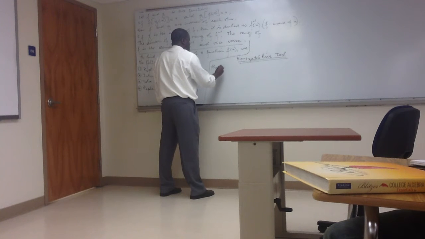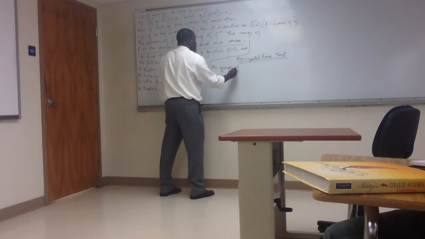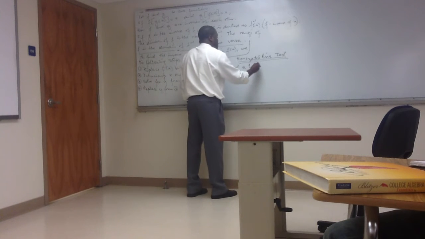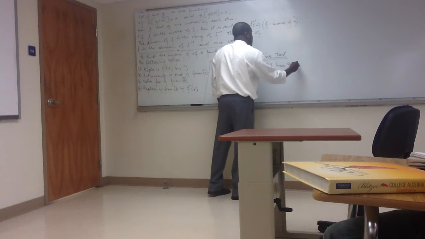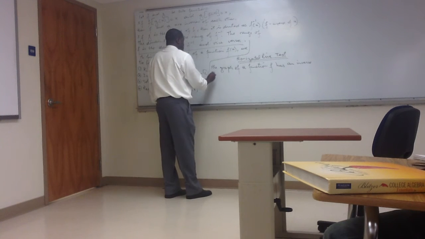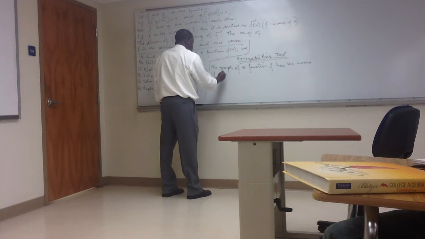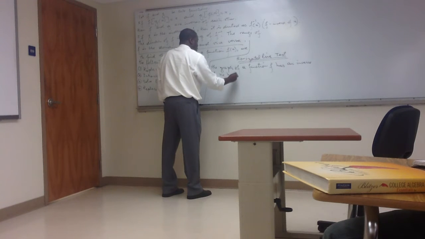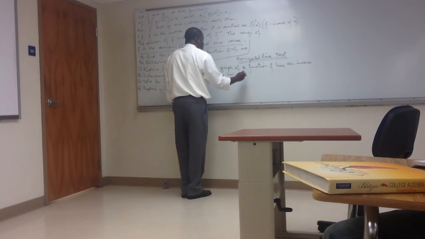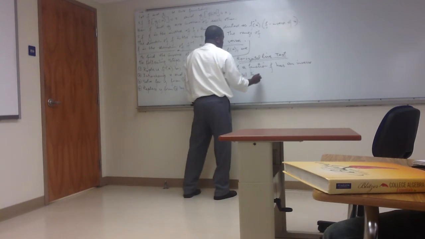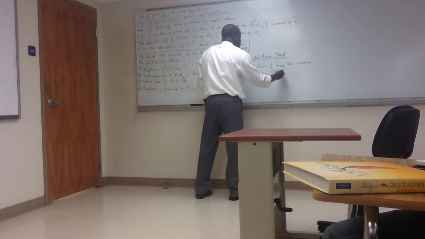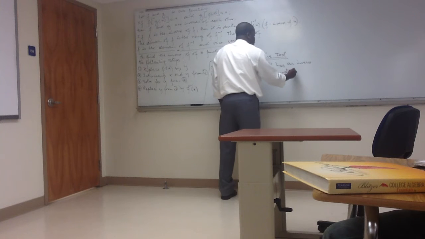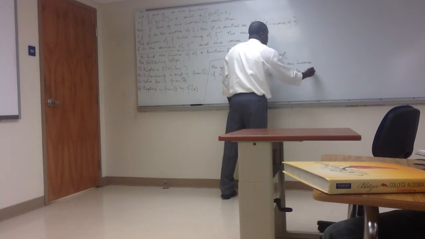The graph of a function f has an inverse if no horizontal line can intersect it at more than one point.